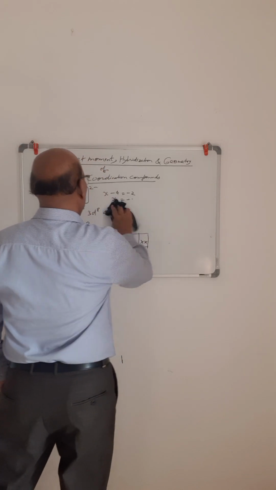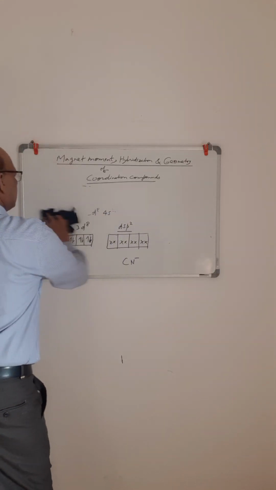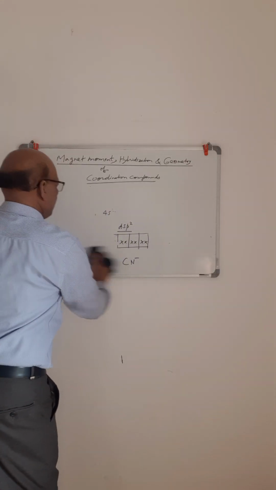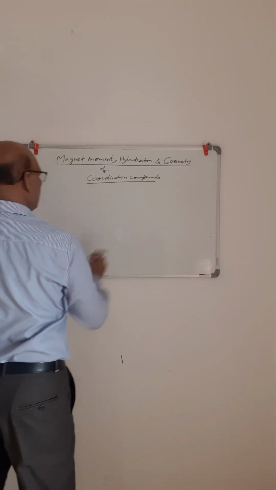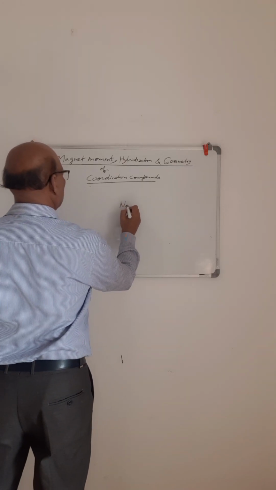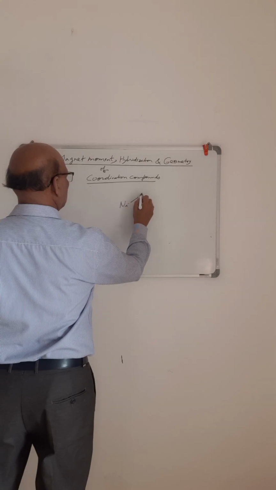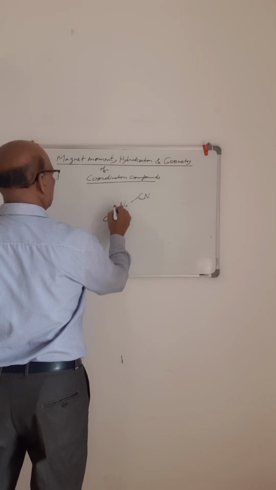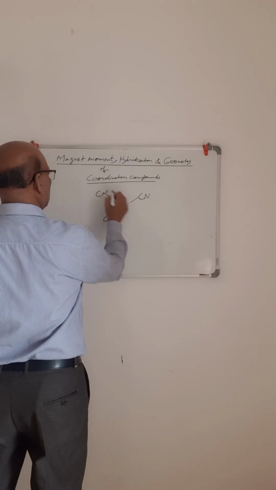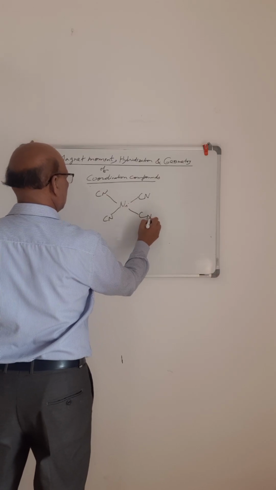and the geometry will look like this. I will just draw the geometry, how it will look. That is the square planar, so it will be like this: nickel, CN, CN, CN and CN.